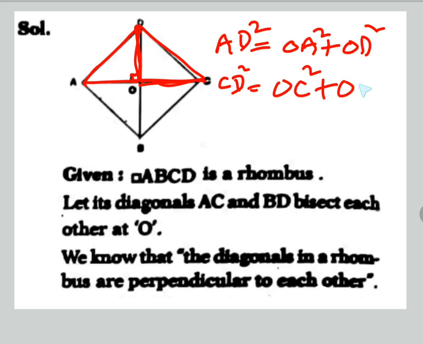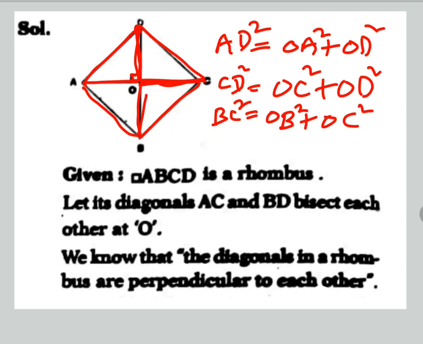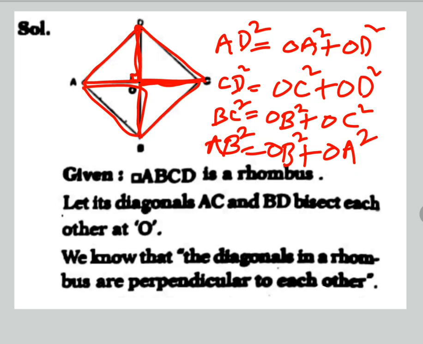From triangle BOC, BC square is equal to OB square plus OC square. From triangle AOB, AB square is equal to OB square plus OA square.